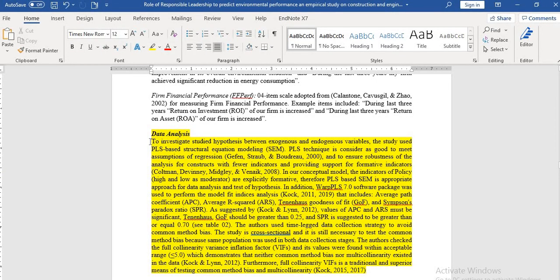To investigate the studied hypothesis between endogenous and exogenous variables, the study used PLS based structural equation model. PLS technique is considered good to meet the assumptions of regression.